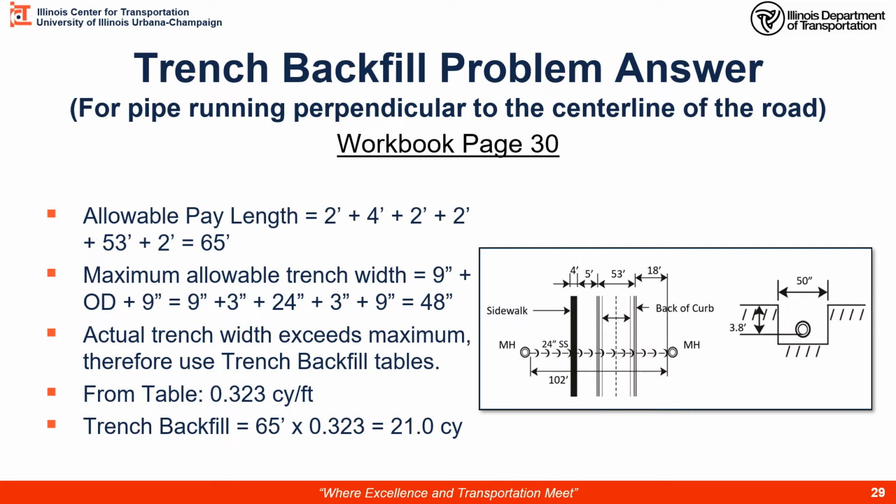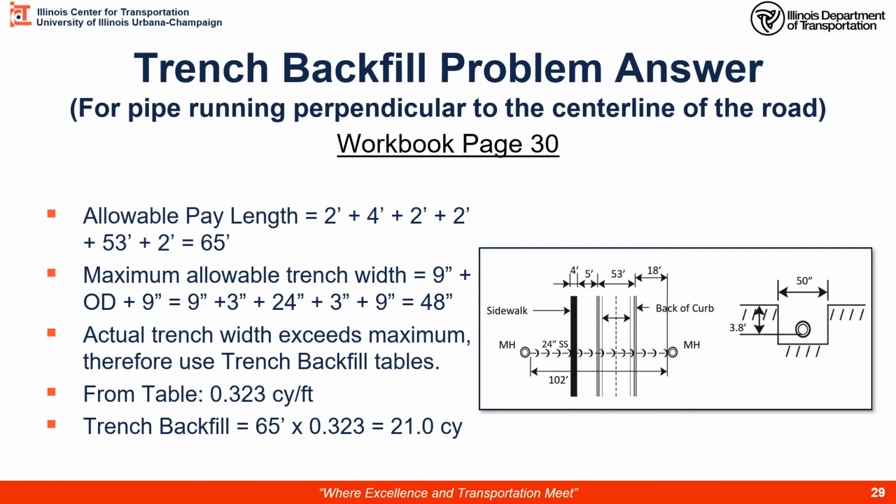So 48 inches is the maximum width we can pay. The contractor dug 50 inches, so we can pay for all the width of the 48, which also allows us to use the backfill tables in section E.